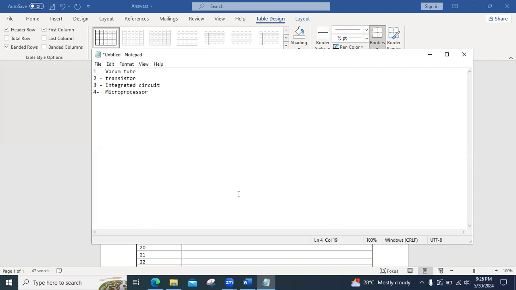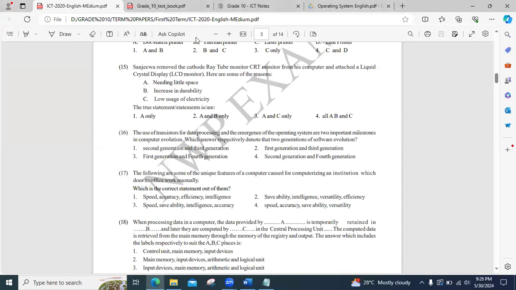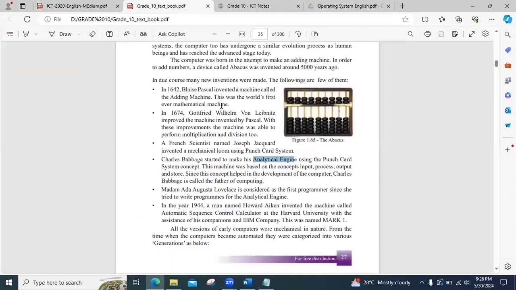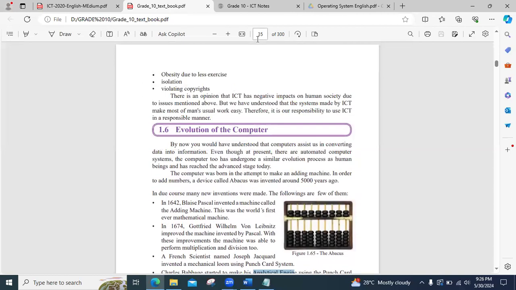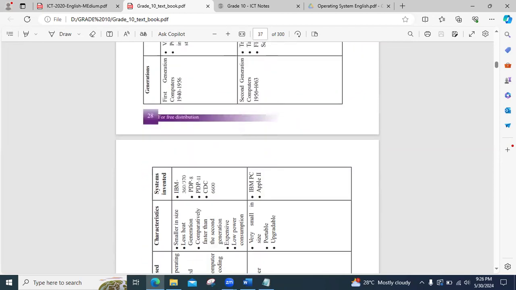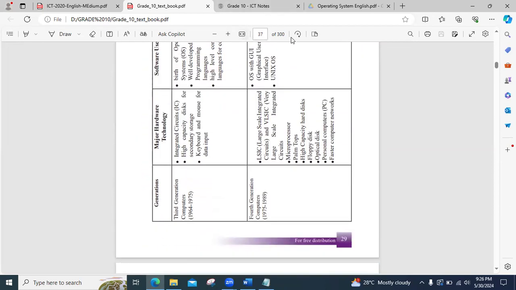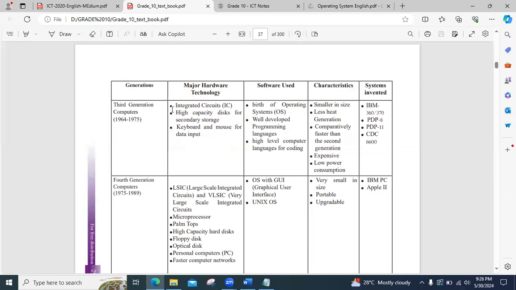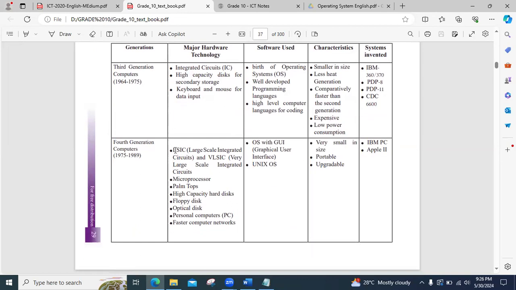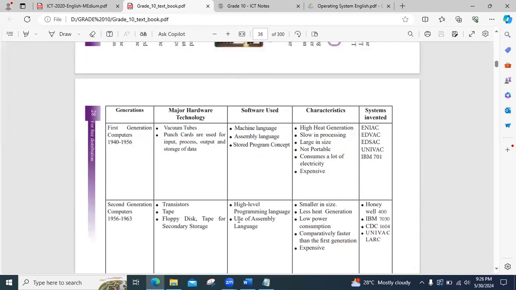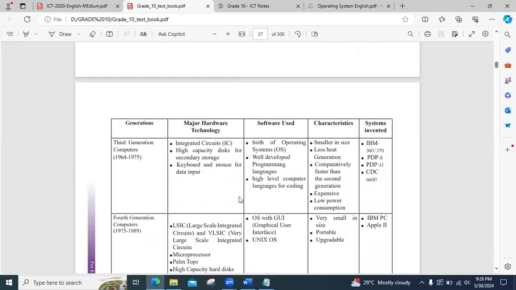Okay, so this you can see in your book, on page number 36. Here you can see this information: integrated circuit and microprocessor, fourth generation. Here it is mentioned that in the third generation the operating system was developed.